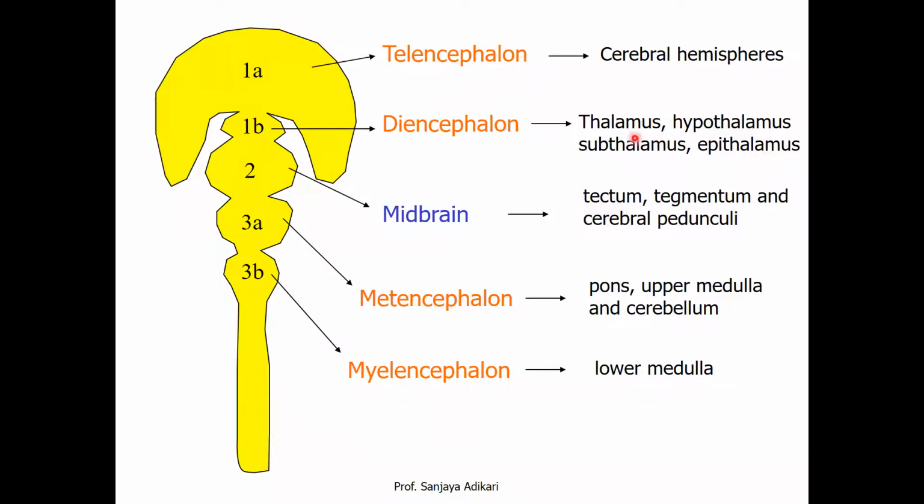But the two main ones are the thalamus and hypothalamus. You can forget the other two. Since you need a common name for both thalamus and hypothalamus, if you can remember it as diencephalon, even though it may be difficult for you. So you have the cerebral hemispheres and the diencephalon consisting of thalamus and hypothalamus.